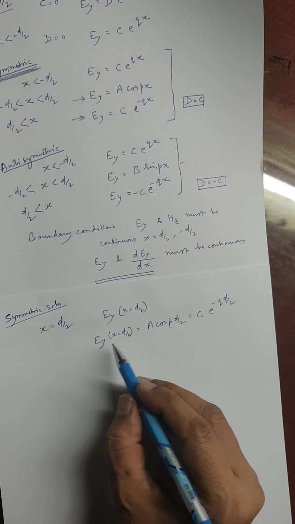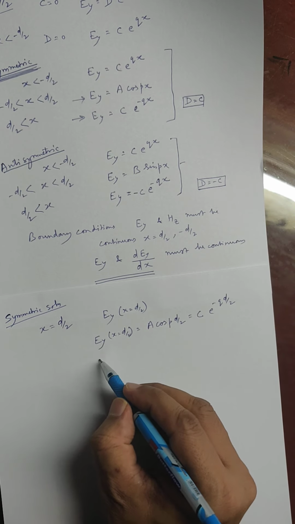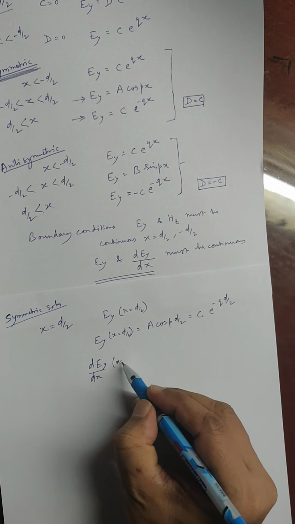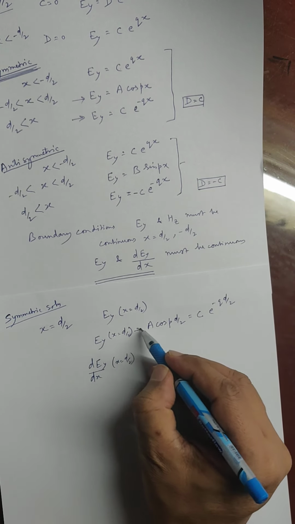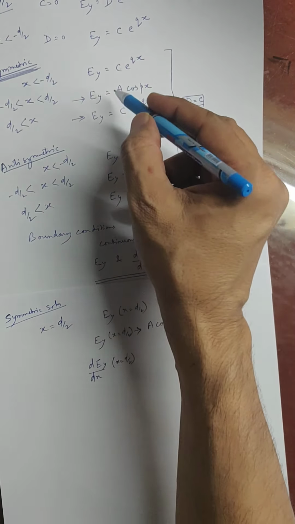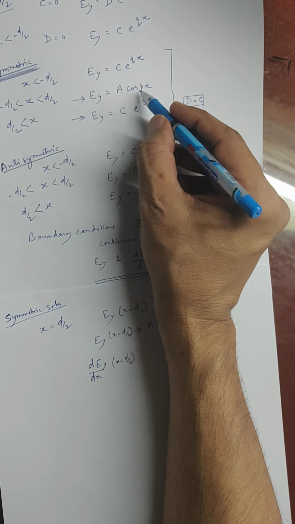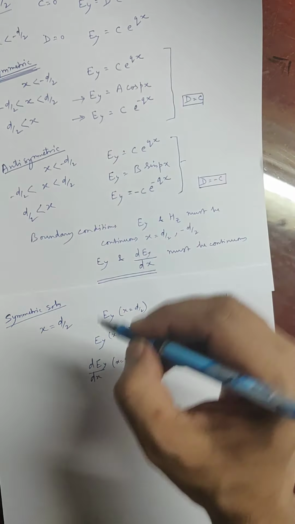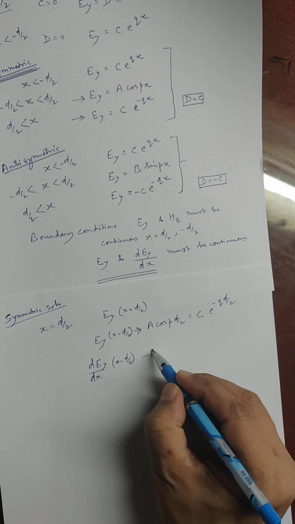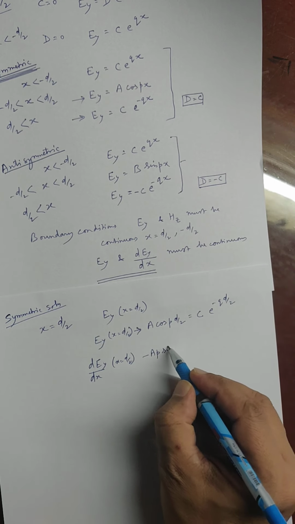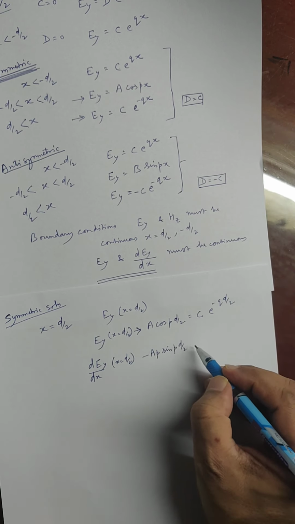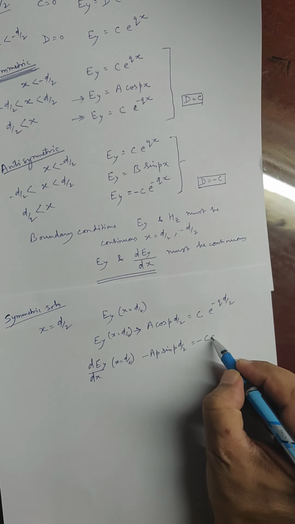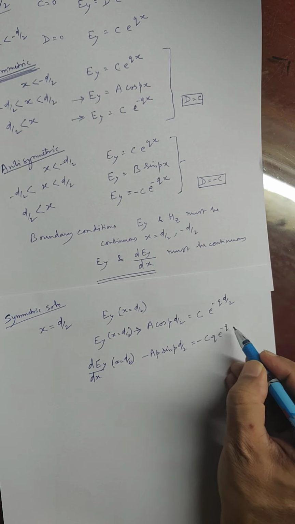So this is for EY, and if I take dEY by dx at x equal to d by 2 in both the cases, then what would happen if I differentiate this and then put x equal to d by 2? cos px would become sine, so minus A p sin p d by 2 is equal to, and then differentiate this also, minus C q e to the power minus q d by 2.